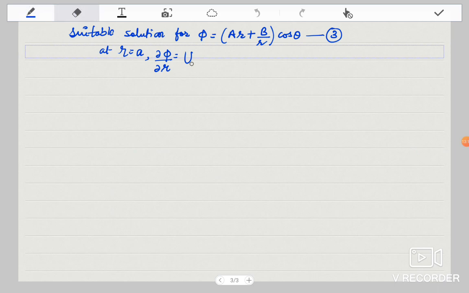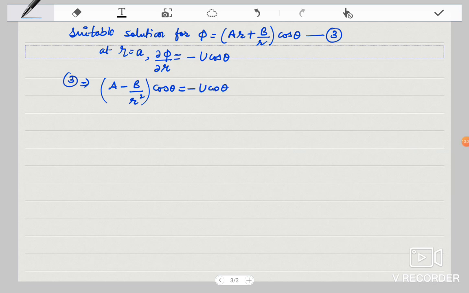So it is minus u cos theta. So from 3, (A - B/r²) cos theta is minus u cos theta. If I compare, then u is equal to minus (A - B/r²).